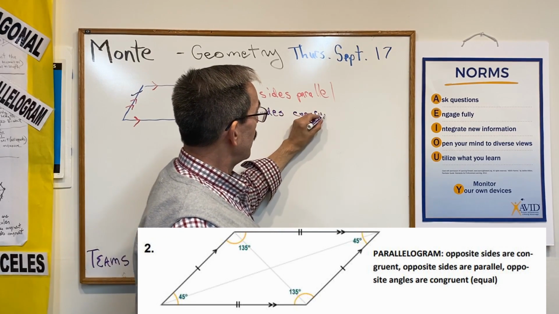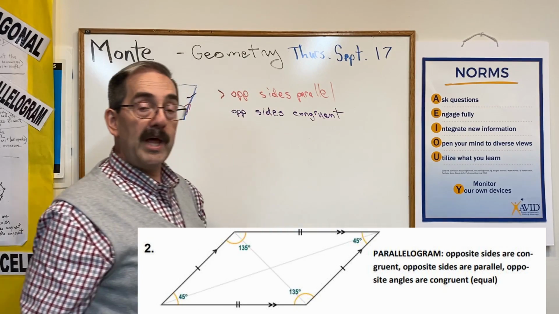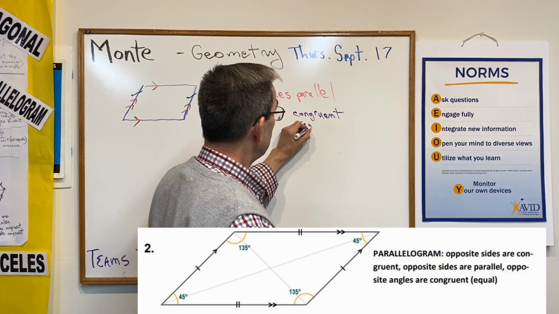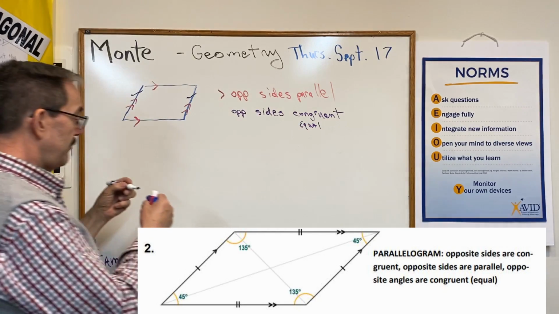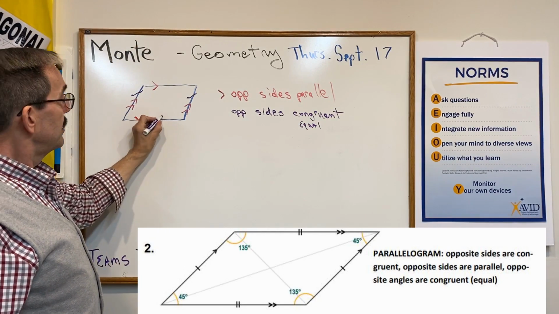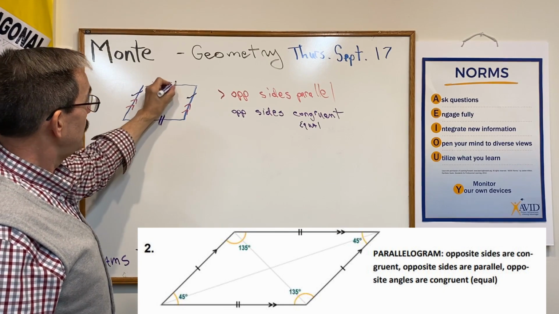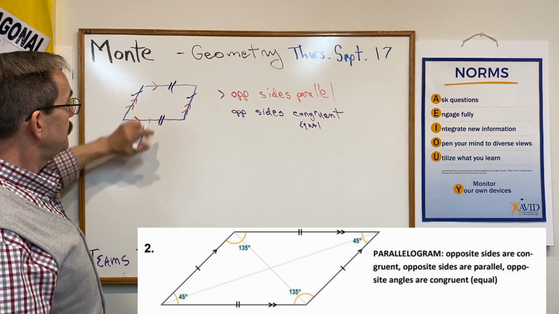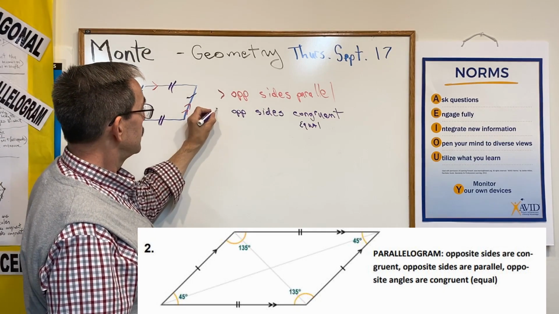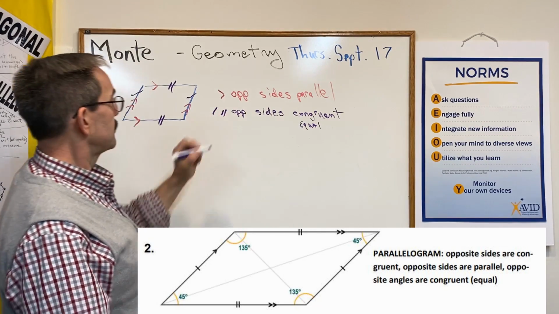And remember, another vocabulary word, congruent, equal in measure. Well, you know that these sides are congruent. 2 hash marks, 2 hash marks. So 1 to 1, 2 to 2. Parallel, parallel, parallel, parallel. Hash marks, hash marks.